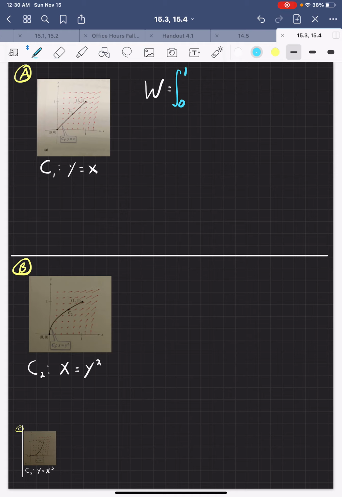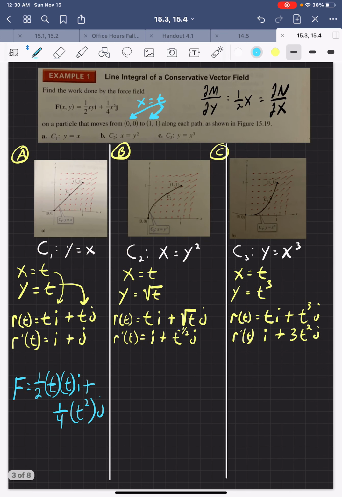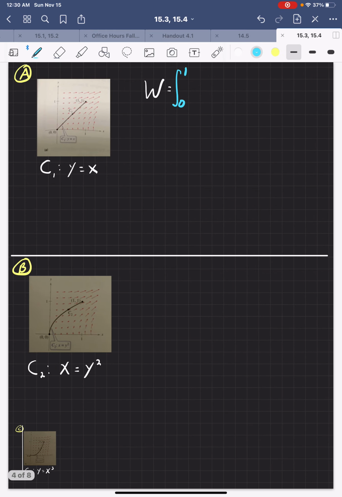All right, but at this stage, you're going to need to go ahead and take the information here, and it's going to be F dot r prime, right? So let's go ahead and do that now.